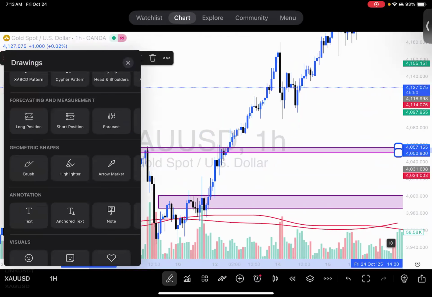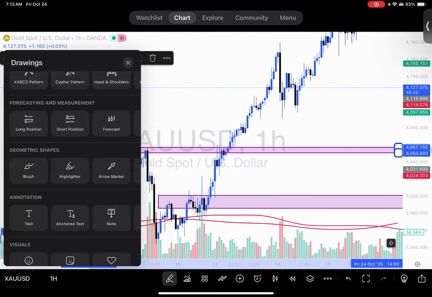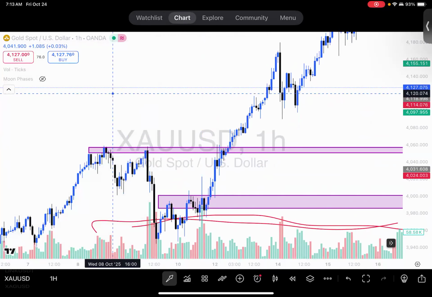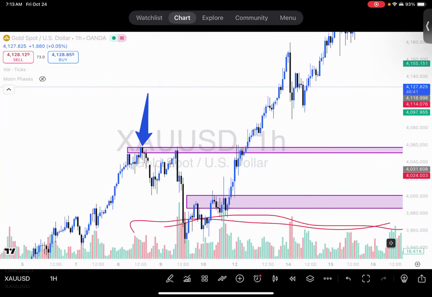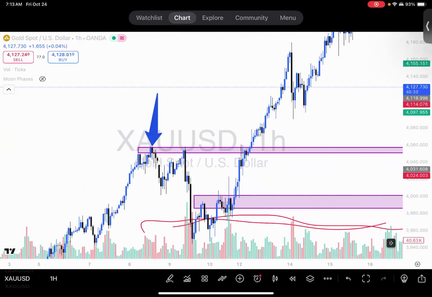You want to mark this up with an arrow just to show yourself which candle it is. If we're in a bullish environment, if the market is moving higher, we want to see a bearish candle to be our support. If we're looking for sells, we want a bullish candle to be our resistance point.